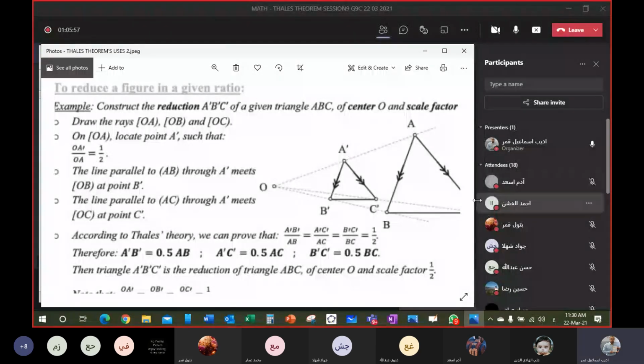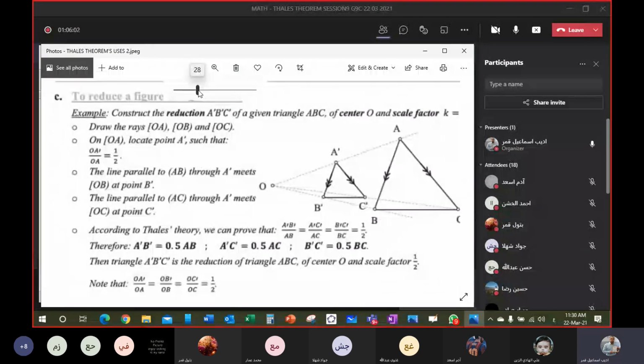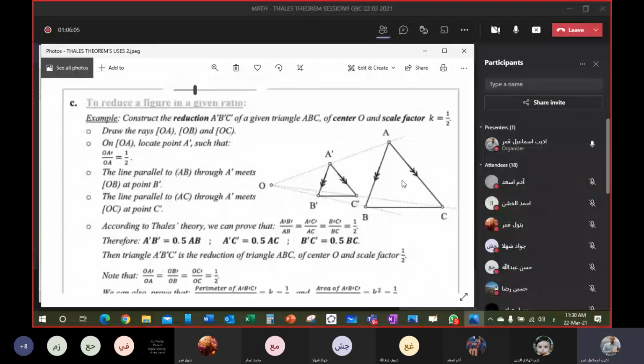Raise your hands, please. What's the measure of OA prime according to this scale factor? 1 over 2. "نص يا أستاذ." Very good. Because OA prime is half OA.